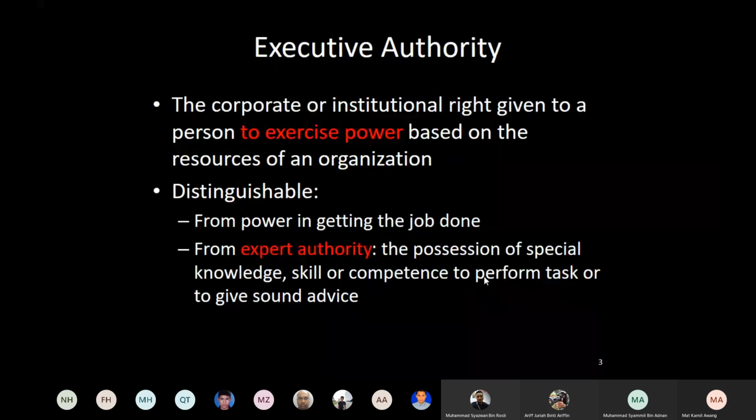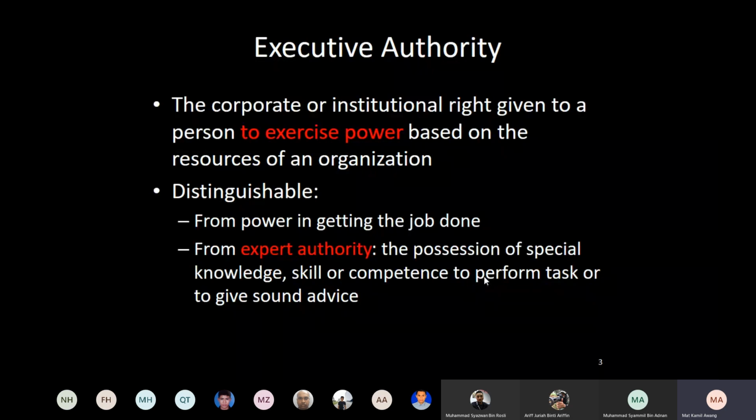For example, the human resource manager has power over the human resources in that organization. They have the right to transfer you anywhere they want.